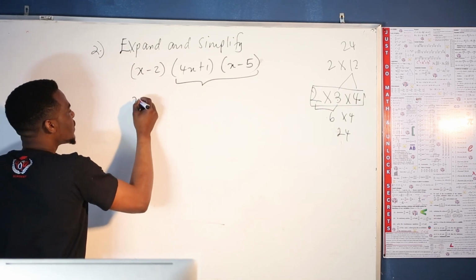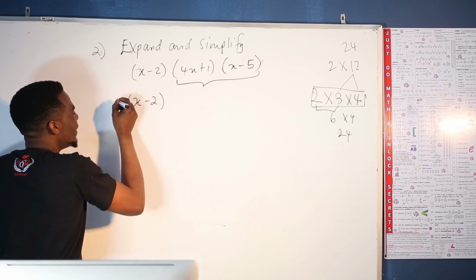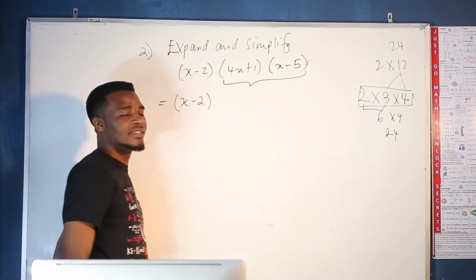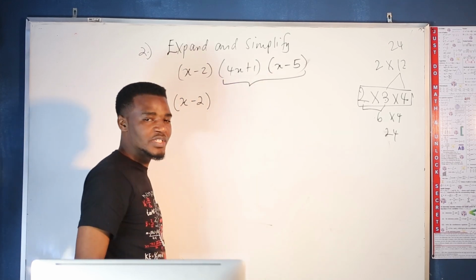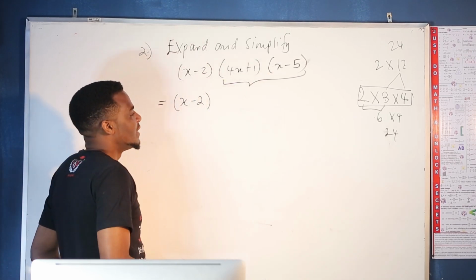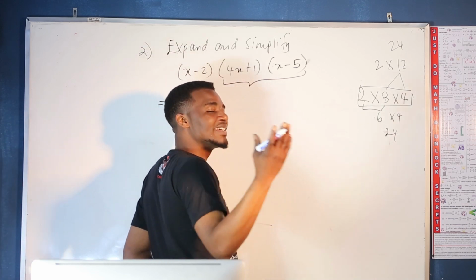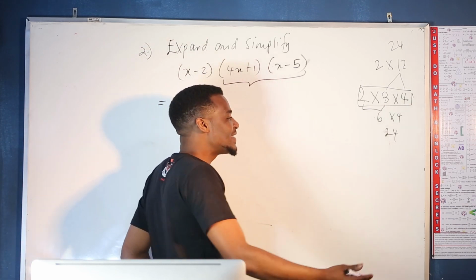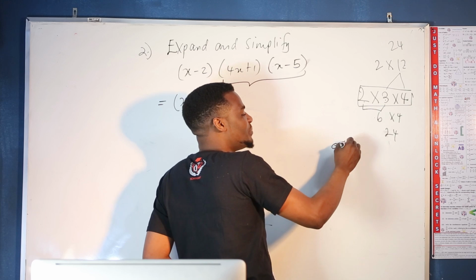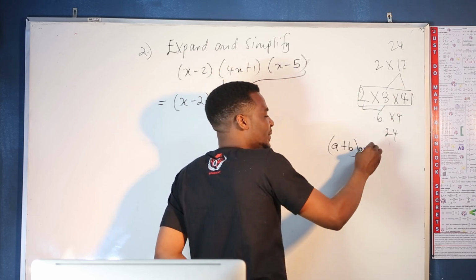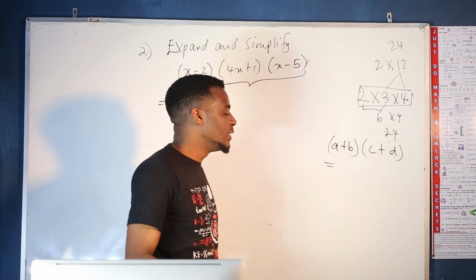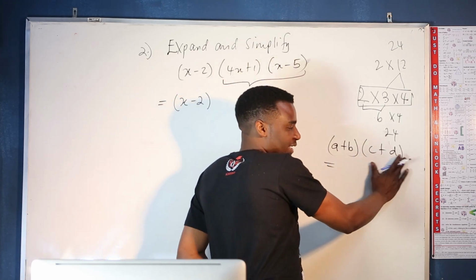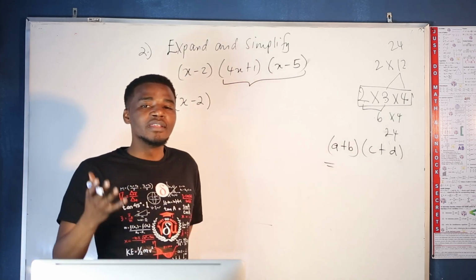So we can keep x minus 2, and get the product of these 2 terms. How are we going to do that? There is a rule that when you're expanding double brackets, for instance, let's say you have (A + B) multiplying (C + D), you multiply the second expression by each and every term in the first bracket.